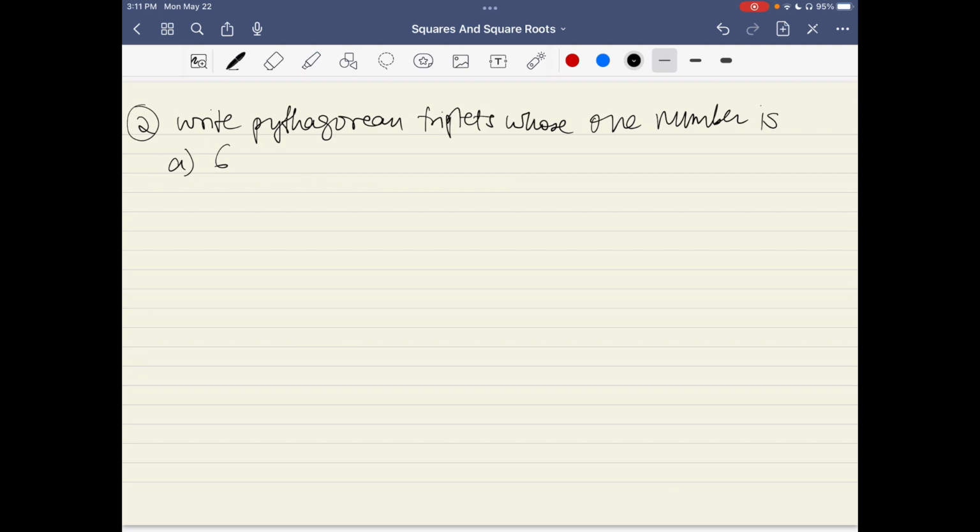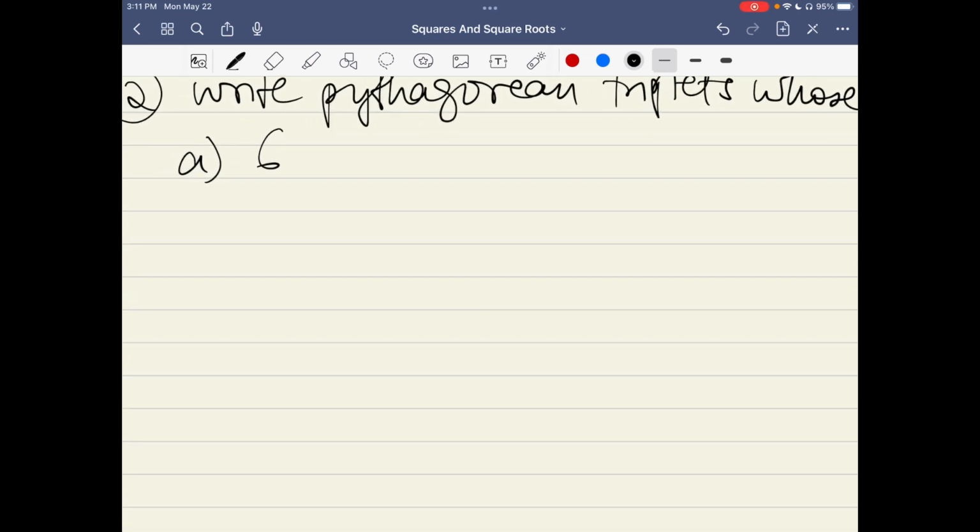Therefore, 71 squared is 5041. Okay, now let's move on to the second type of questions, which is finding Pythagorean triplets. Here we're asked to write the Pythagorean triplets for numbers with at least one number that is, let's say, 6 in the first part, right? Now, we know that the Pythagorean triplets are 2m, m squared minus 1, and m squared plus 1, right?